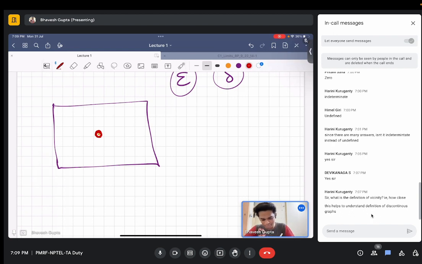Let me give you an example. This is a very good question you have asked. It is a very fundamental question, and we ask it on an everyday basis when you go for higher education. Let's say the vicinity of this black point, this kind of vicinity over here.